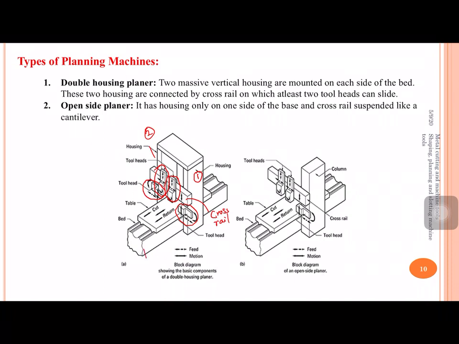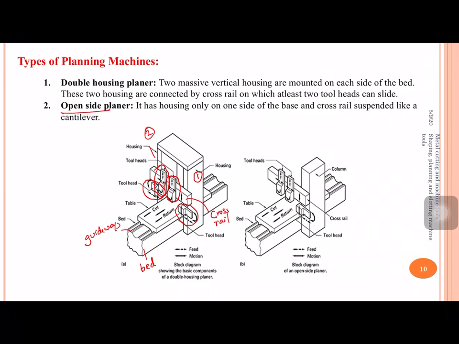And here you can see this is the bed, and the bed is provided with the guideways. On these guideways this table is having the reciprocatory motion, and the mechanism utilized for this reciprocating motion is the rack and pinion mechanism.